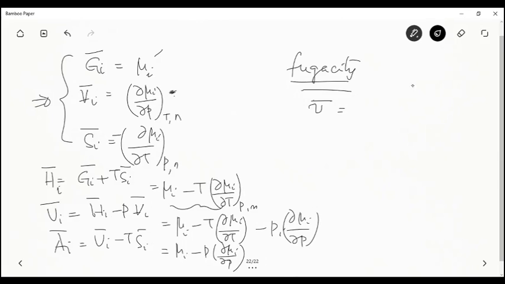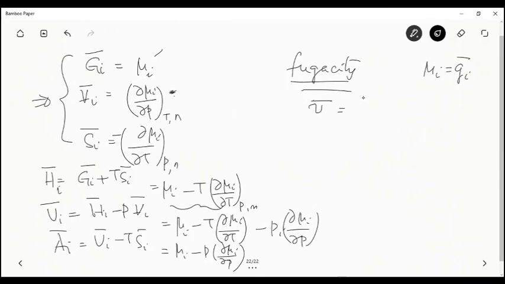And mu I can still remain as mu I. Basically mu I is Gi bar, and for a pure substance this will be the molar specific Gibbs function, which is Gibbs function per mole of the substance. So we can just keep this as mu itself.